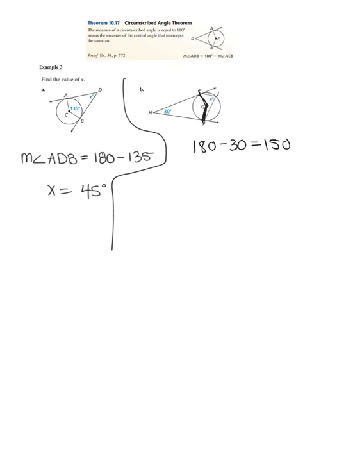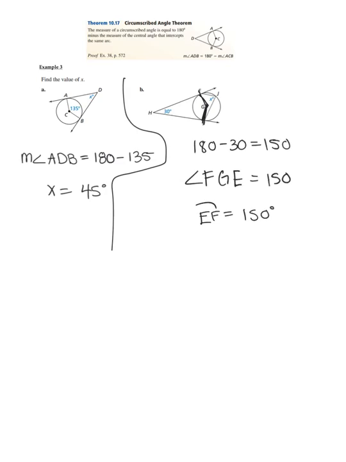So if I know that the measure of FGE, or in other words, the central angle, is 150 degrees, then I also know that the measure of the arc EF is also 150 degrees.